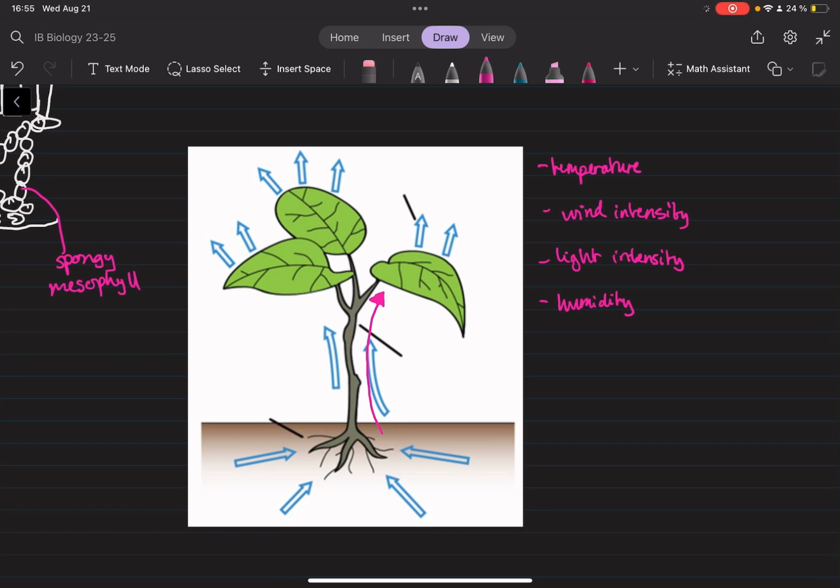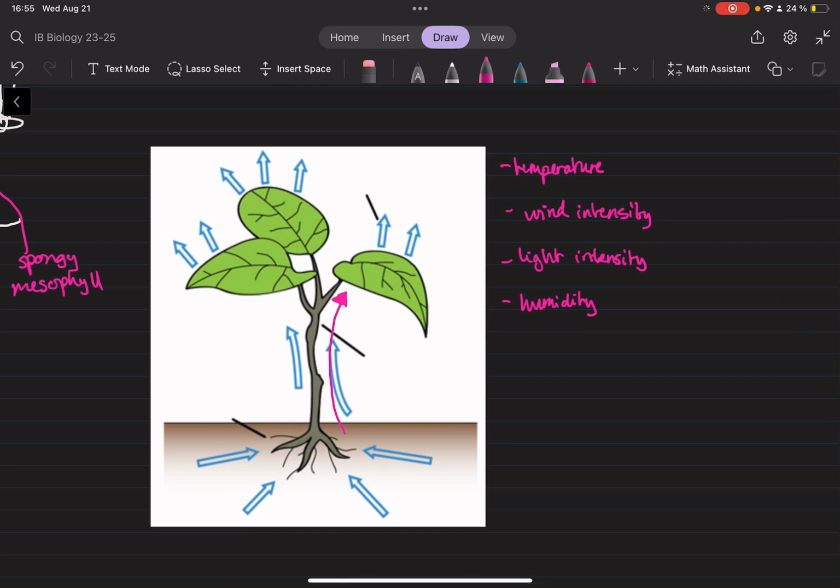So let's start with temperature. As temperature increases, so does the rate of transpiration, because the higher the temperature, the more water will evaporate. And again, since transpiration is the loss of water vapor, this means that there will be more water vapor and therefore more water will be lost.